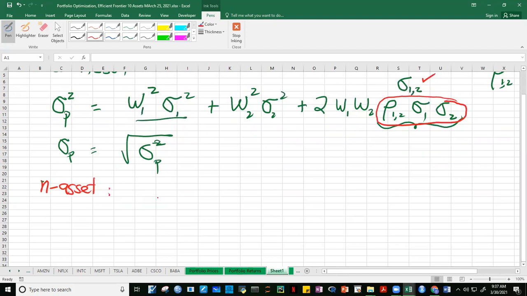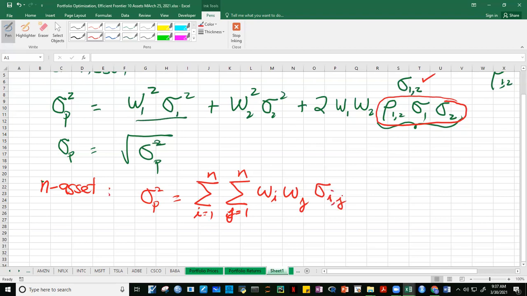Okay, so let's generalize: the variance of the portfolio is the double summation, i is equal to 1 up to n, j is equal to 1 up to n of w_i, w_j, covariance of i, j. Okay.